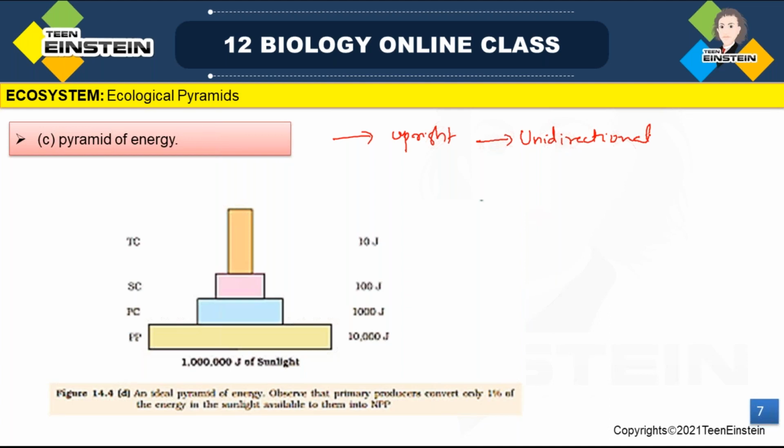From producer to consumer level, the energy is moving, right? From the producer, it is moving to different trophic levels, that means to different levels of consumers. So the flow of energy is unidirectional, from the producer to different levels of consumers.